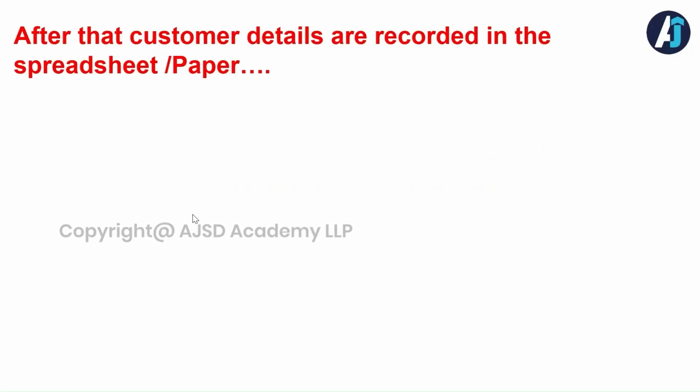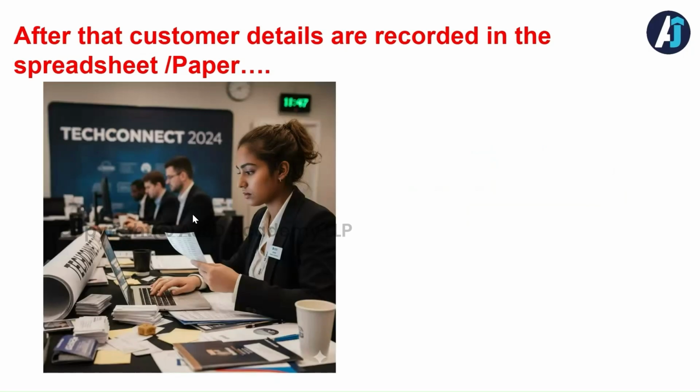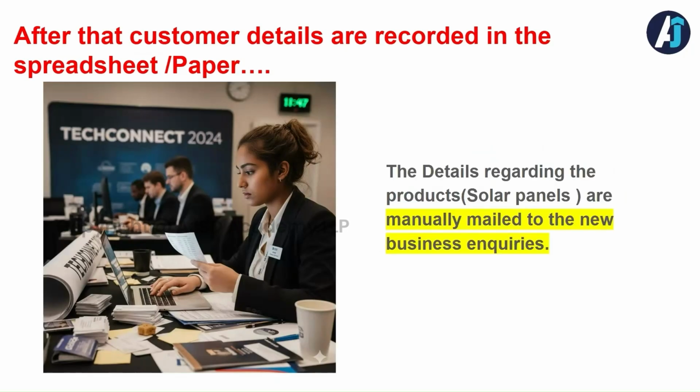Basically what they used to do is a staff will be appointed for that, and they will be checking all the information from your spreadsheets, from your papers, and they will be mailing the business inquiries individually. They'll be sending the product brochures to the individual business inquiries, and also to the other people who inquired to you about the solar panels.